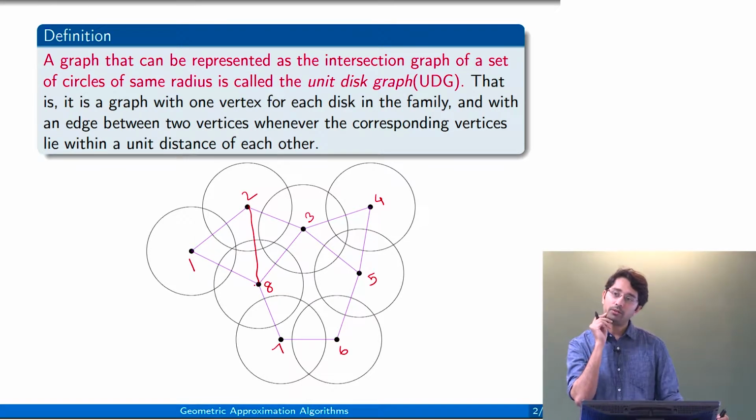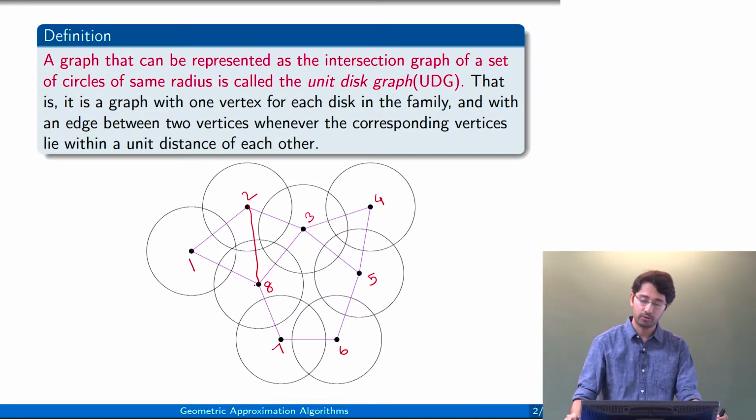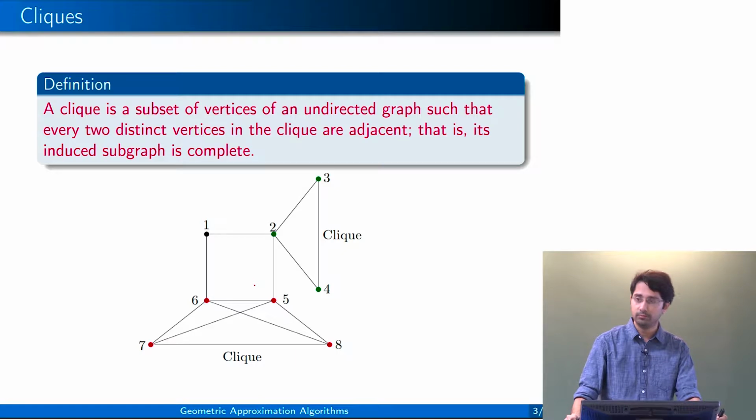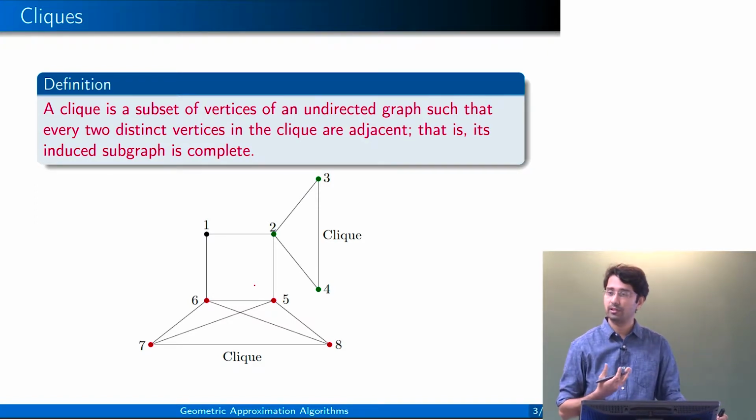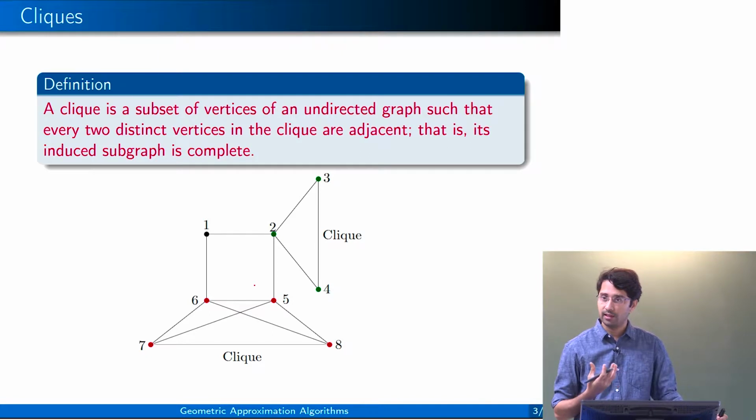So, we will try to ask the same algorithmic questions that we usually ask about any graph class. The first such question is how to find a maximum clique in a unit disk graph. What is a clique? A clique is a subset of vertices such that the graph induced by those vertices forms a complete graph.